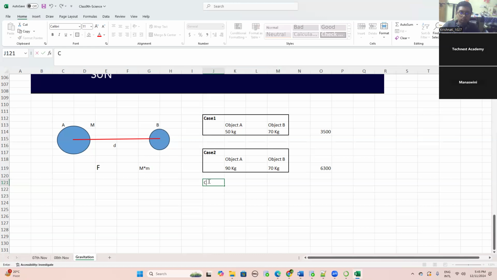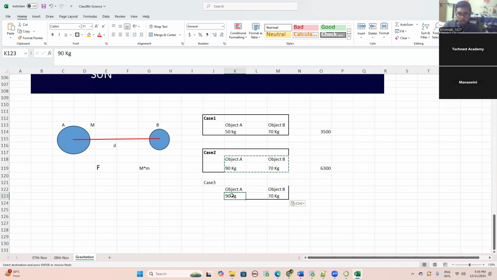Okay, now case 3. Suppose here the weight is 60 kg and the weight of this is also 60 kg. So now tell me one thing. The force will be more in case 1 or case 3? Case 3, sir.